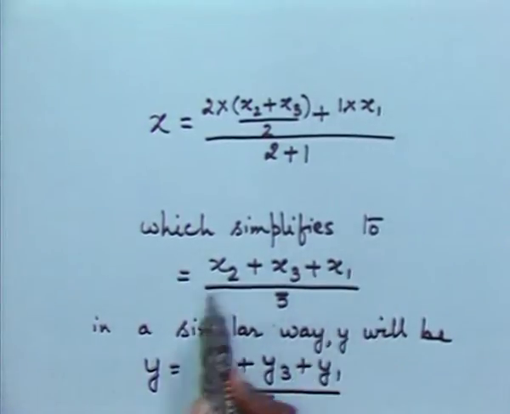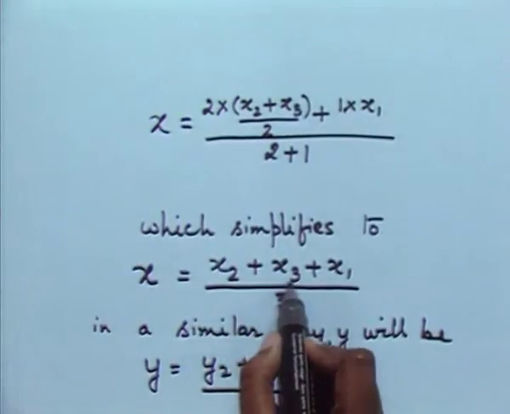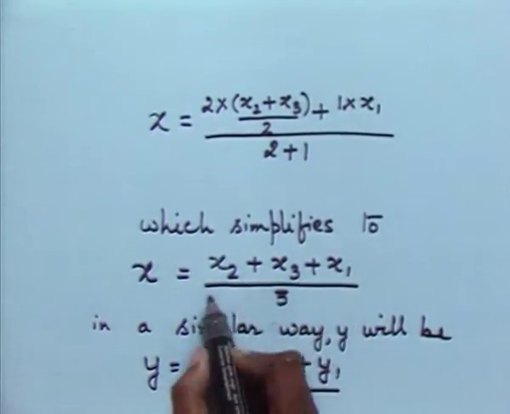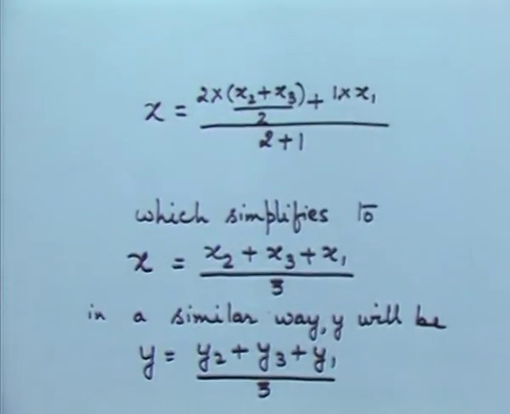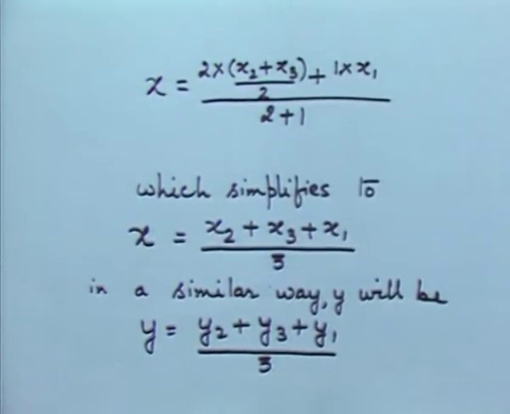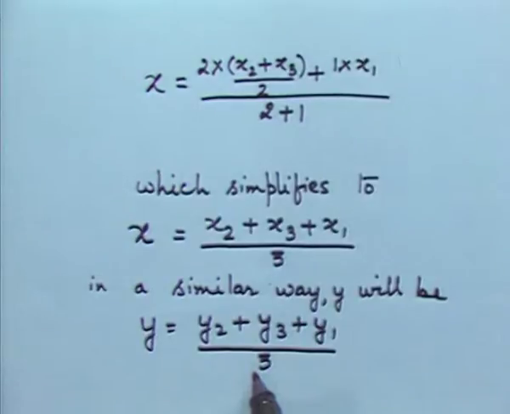This simplifies to x equal to (x1 + x2 + x3)/3. In a similar way, y will be equal to (y1 + y2 + y3)/3.